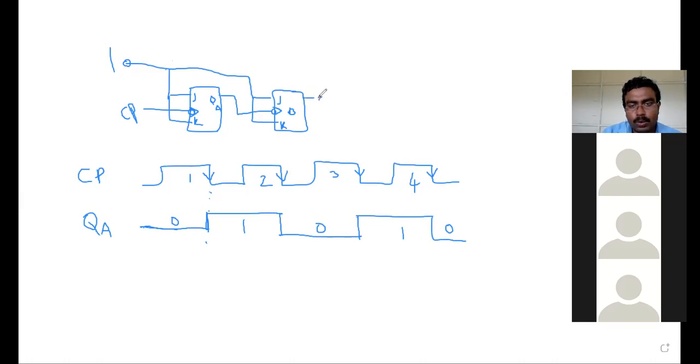And I have to check what my output QB will be based on the clock pulse I have given. You need to consider the output QA generated from flip-flop A as the clock pulse. Based on this clock pulse QA, you need to design your output QB now. So let us go here. Now we are going to design clock pulse B.